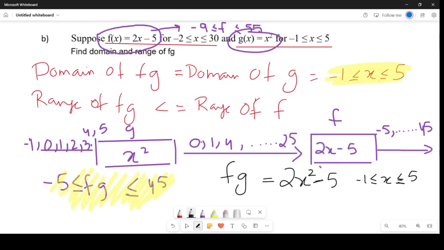The smallest value will be when x is 0, so that would be -5. And the biggest value is when x is 5. 5 squared is 25, 25 into 2 is 50, 50 minus 5 is 45. So that is how you find the domain and range of a composite function.